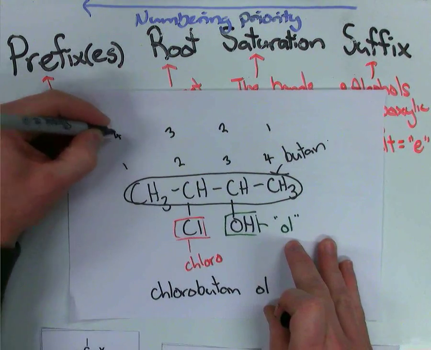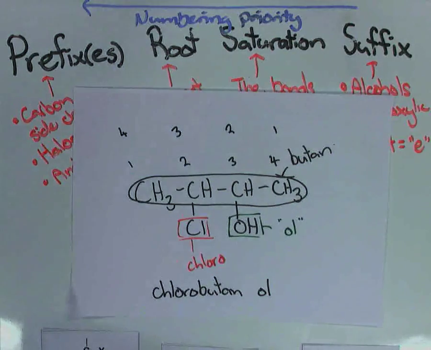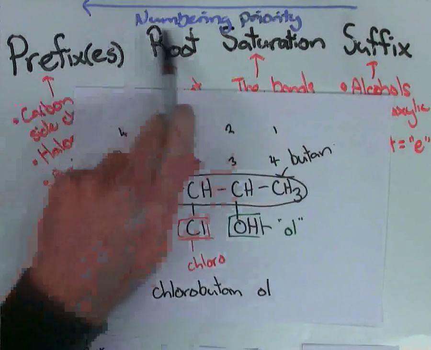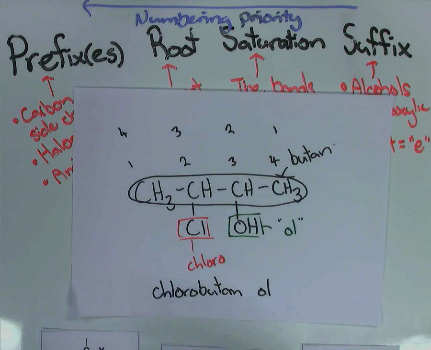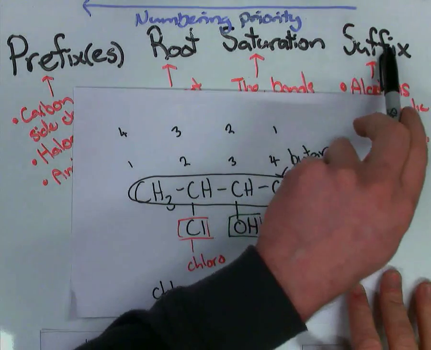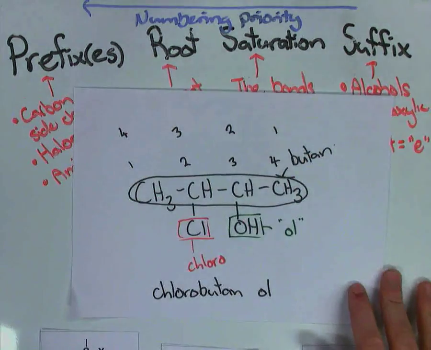But the question is, do I go with numbering left to right or right to left? This is where numbering priority comes in. It's written along the top here. There's an arrow pointing that way. What it signifies is when we have a carbon chain, whichever direction we number it must give the lowest possible number to whichever functional group appears last in the name.